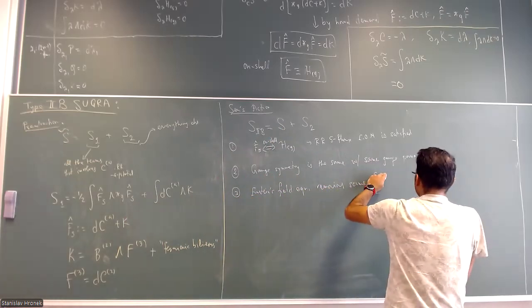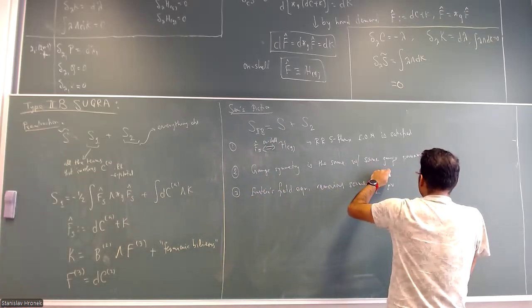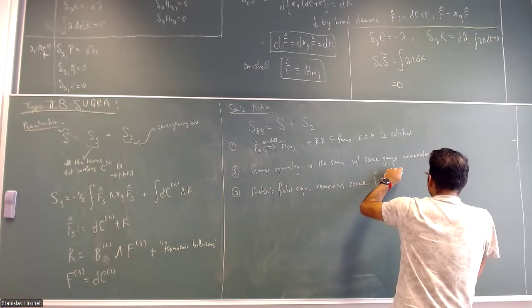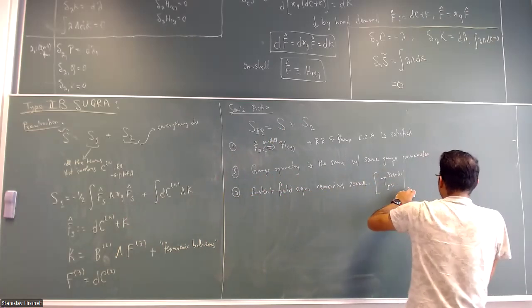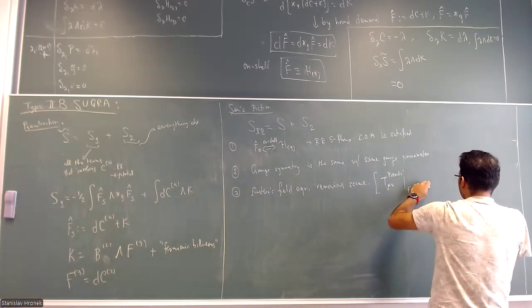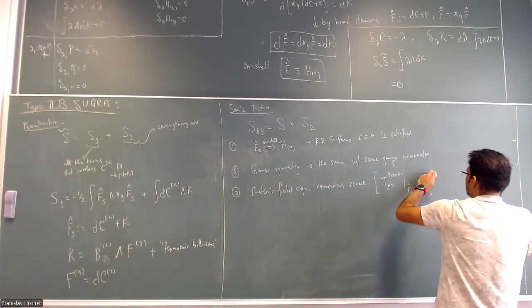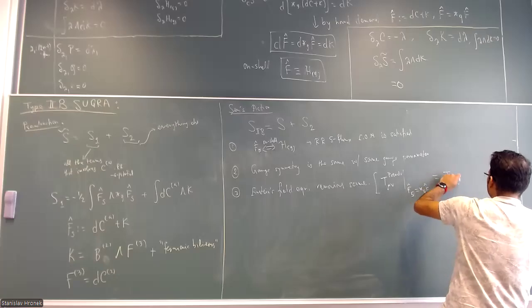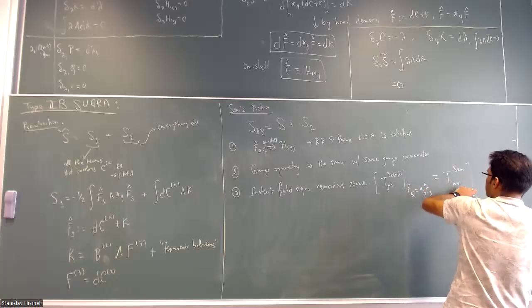This is because T mu nu from the pseudo action, with F5 by hand demanded to be dual F5, is the same as the T mu nu that you would derive from Sen's action.